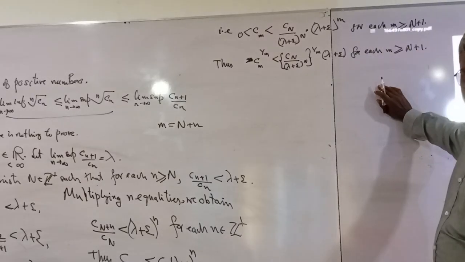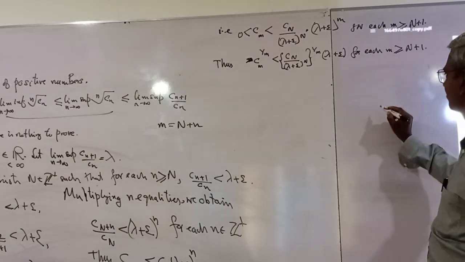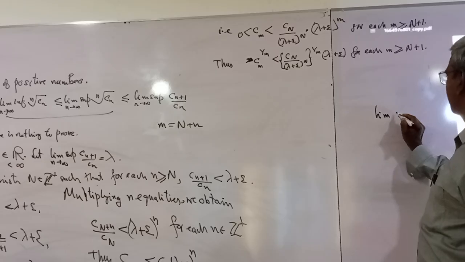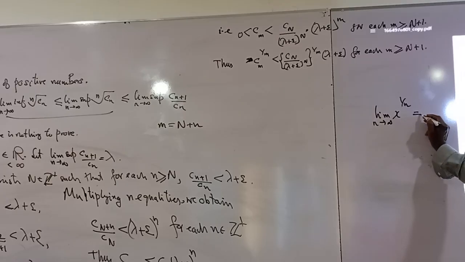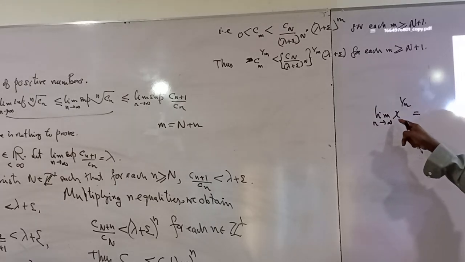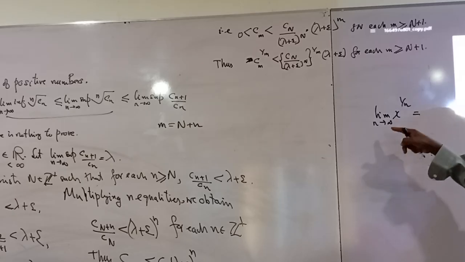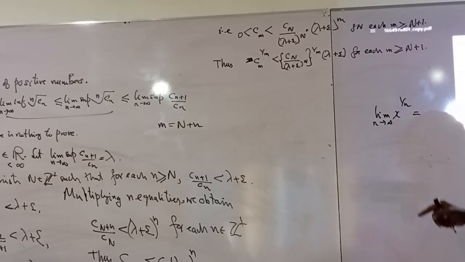Now, you studied somewhere the limit of x raised to the power 1 over n, n tends to infinity. X is a positive number, by the way. This is a very important limit.